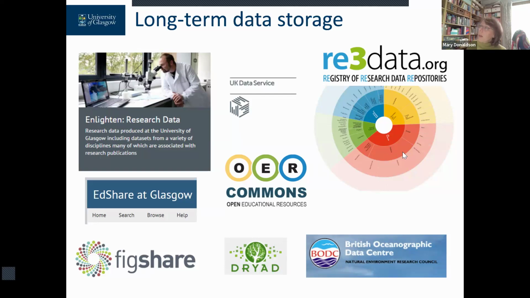Re3data up here is a registry of research data repositories, and they have this really nice search tool. You start at the middle and you click on the area that your research relates to, and then you work your way out, becoming more and more specific until it gives you a list of repositories that are available in your field. So that's a nice tool to see what's out there.